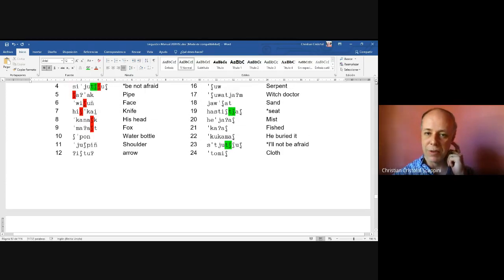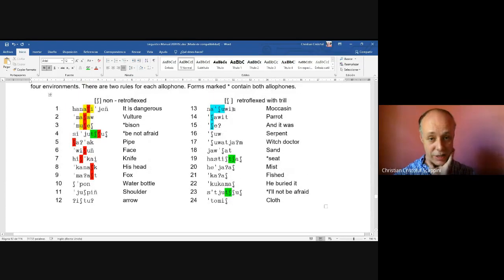What about the other one? The other one is very, very similar in this language. It also occurs in intervocalic position, but in an unstressed environment. Yes. And it also occurs where else? It occurs at the beginning of the word and also between a vowel and a consonant, in a more syllable medial position.